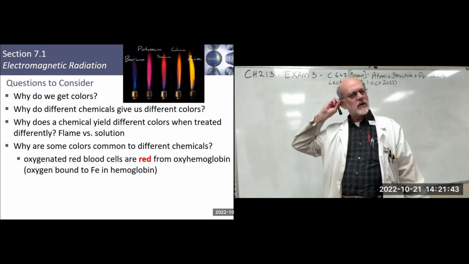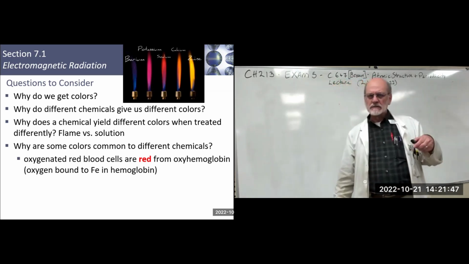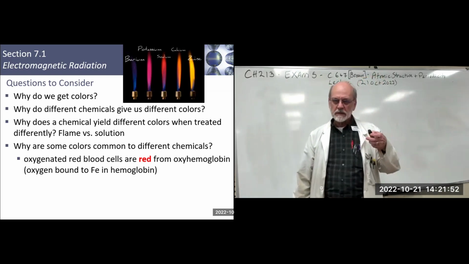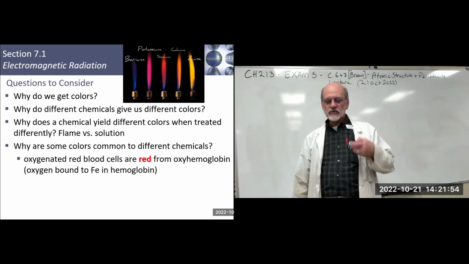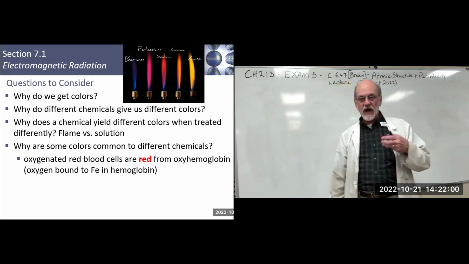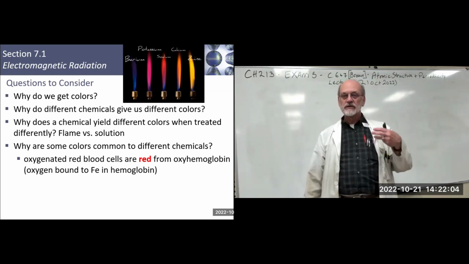This is just a side note. We all know, well, most of us, I guess, know that blood streaming out of an artery is going to be brick red. It's red because the oxygen combines with the iron in the hemoglobin to give you that color.